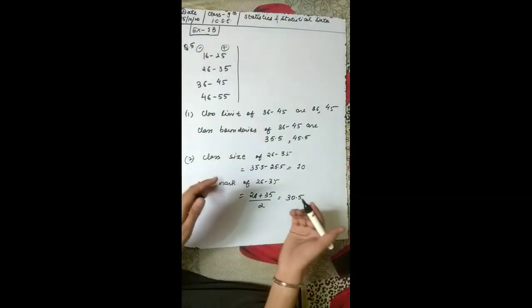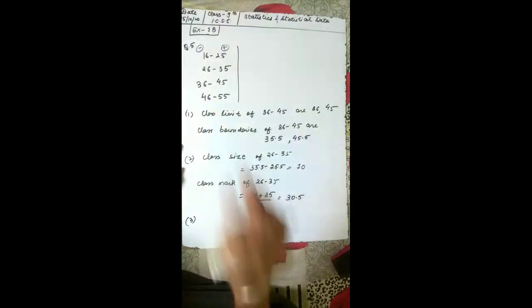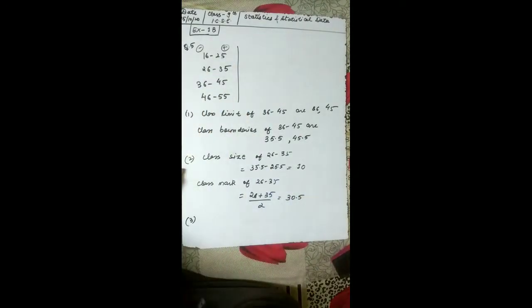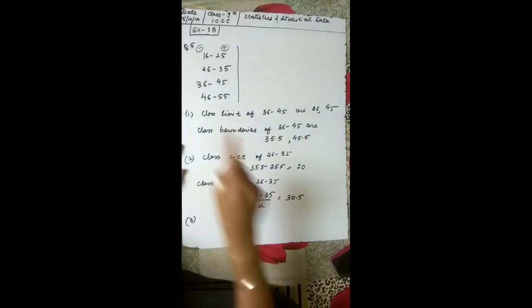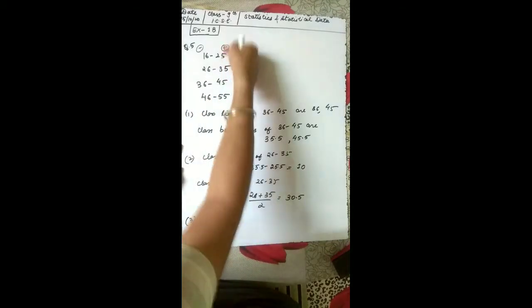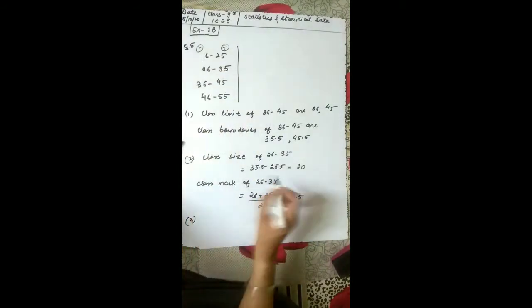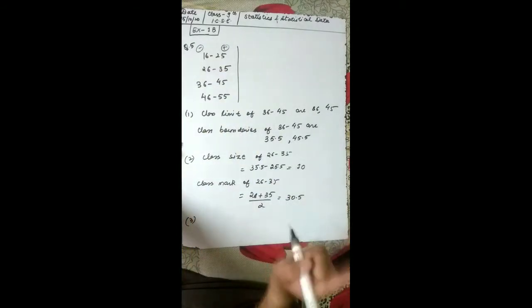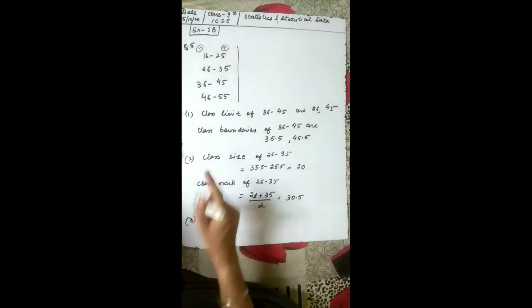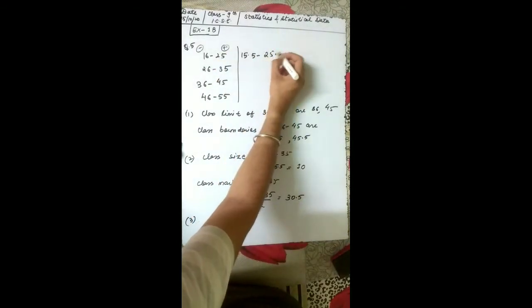Let me repeat it. Whatever difference you get, in this case we are getting 1, just halve it, you'll get 0.5. That 0.5 you need to subtract from the lower limit, and on the other hand you have to add it to the upper limit. So if you subtract 0.5 from 16, you will get 15.5, and you add to 25, so 25.5.